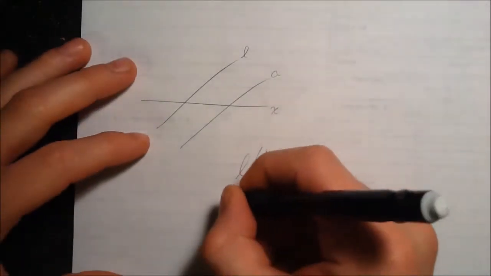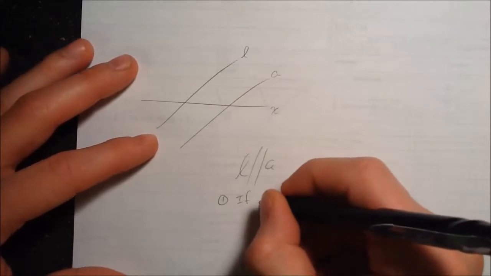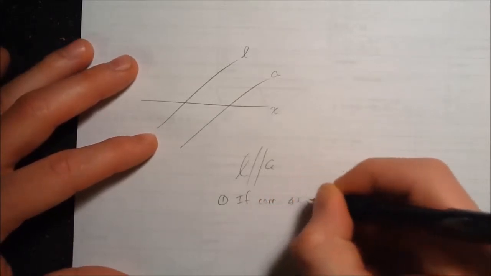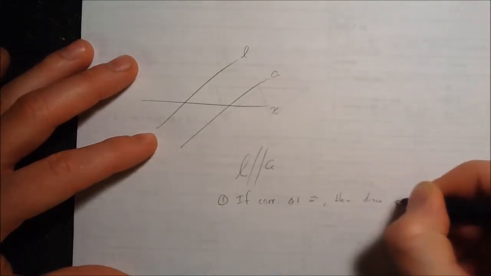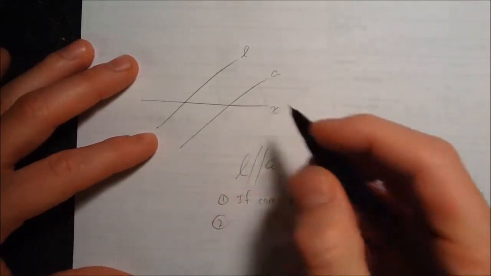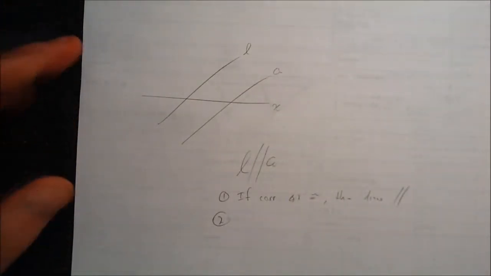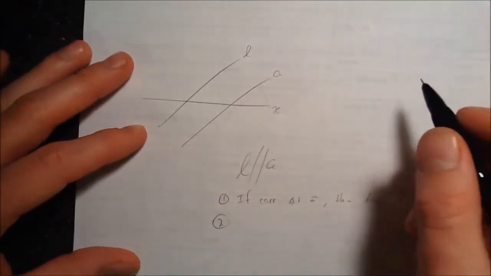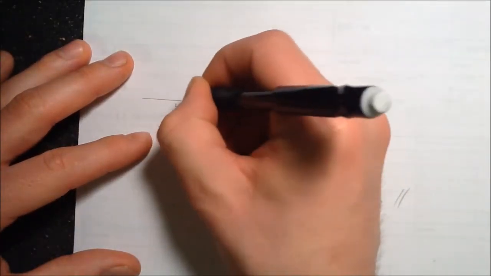The first way, and these are all in the if-then form, is if corresponding angles are congruent, then lines are parallel. What that means is you have 4 different pairs of corresponding angles within this diagram. So let's go ahead and label these.